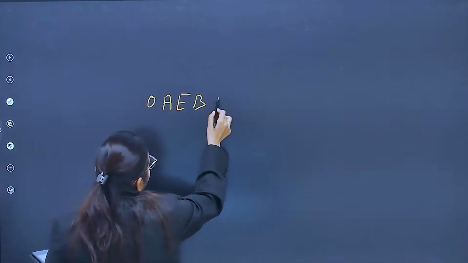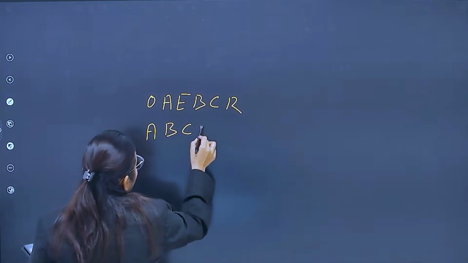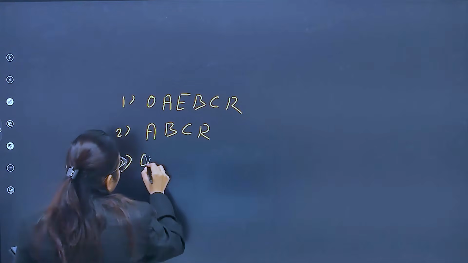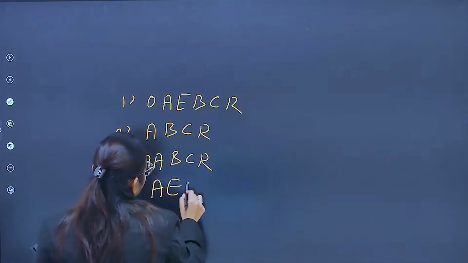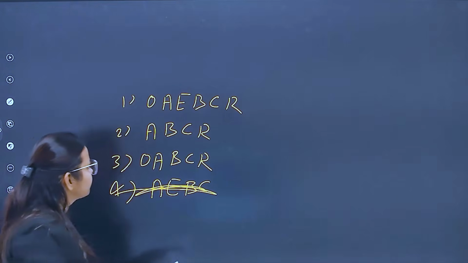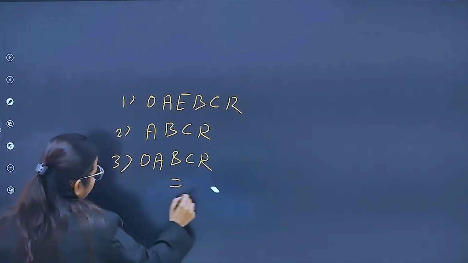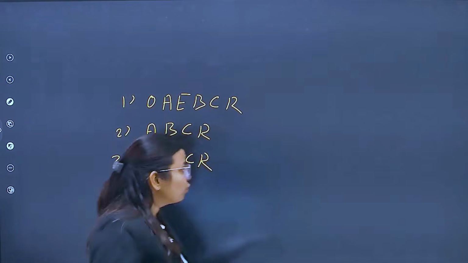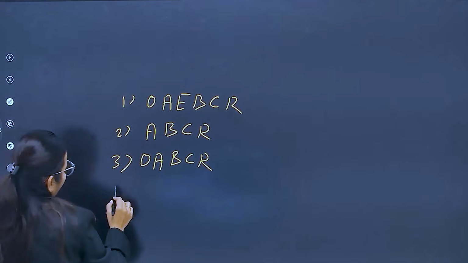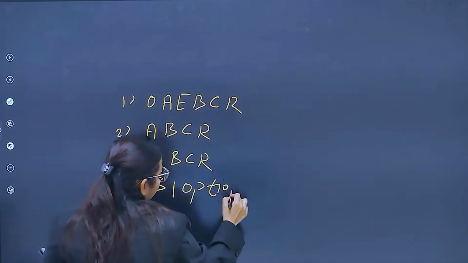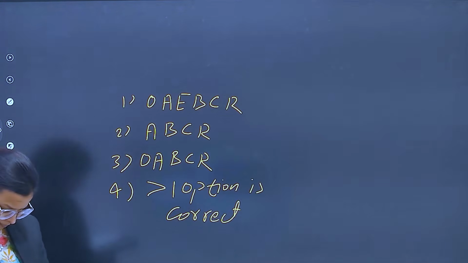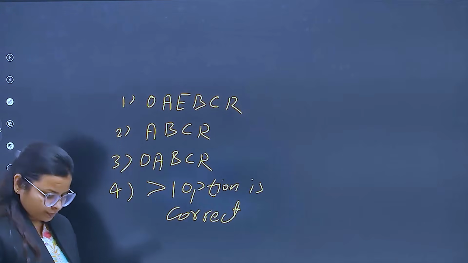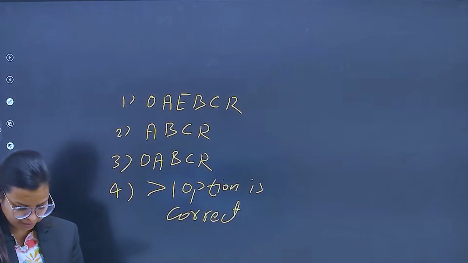O, A, E, B, C, R. First option, second option, third option: O, A, B, C, R. Or the fourth option, more than one option is correct. What will you choose?